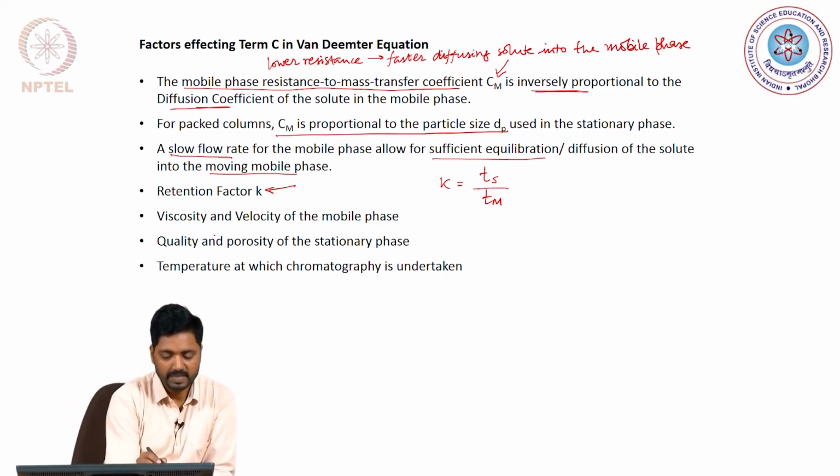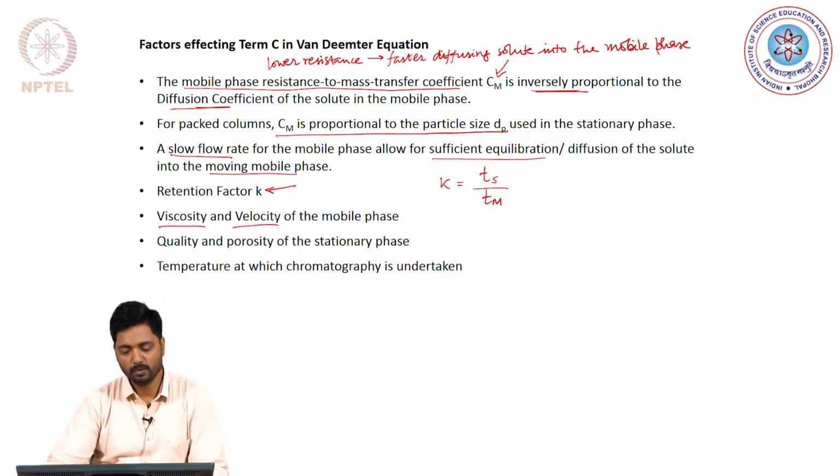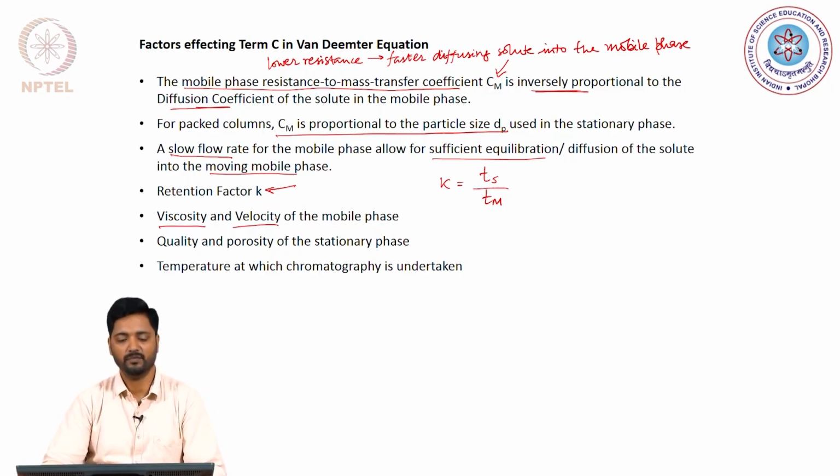And indeed the velocity and viscosity of the mobile phase will also influence the diffusion coefficient terms, and hence will have an influence on the C term of the Van Deemter equation.